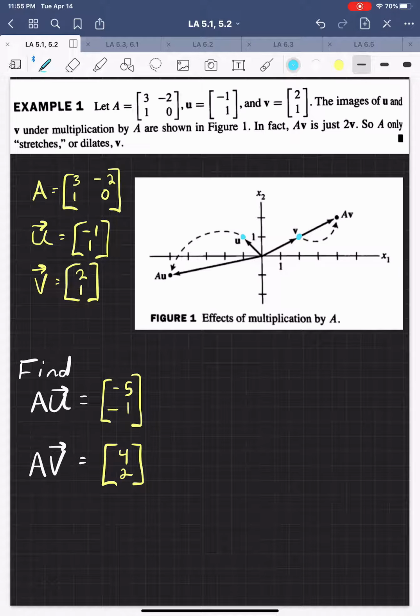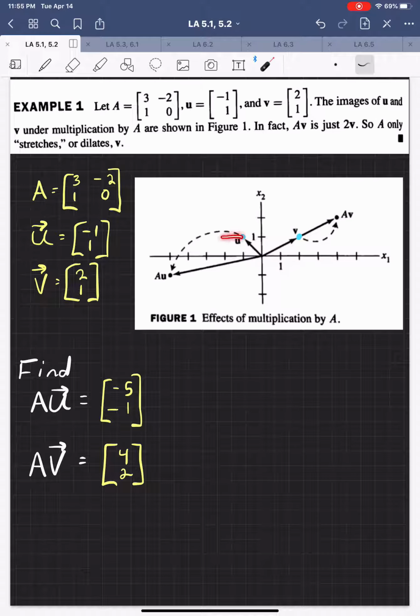Now that's before any multiplication, right? And now notice what happened. So matrix A multiplied by vector U, notice that you have a rotation, right?